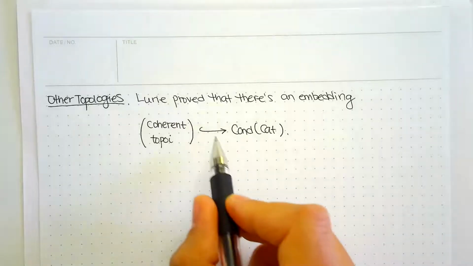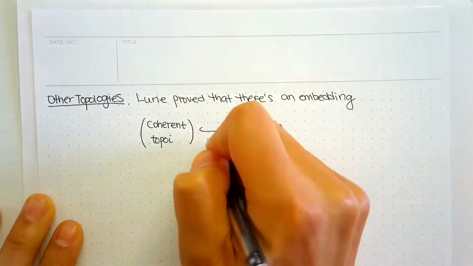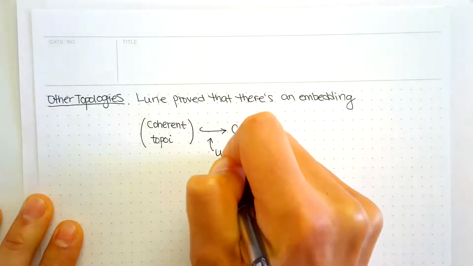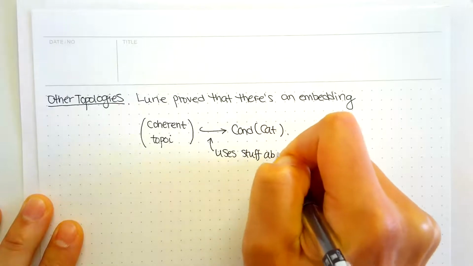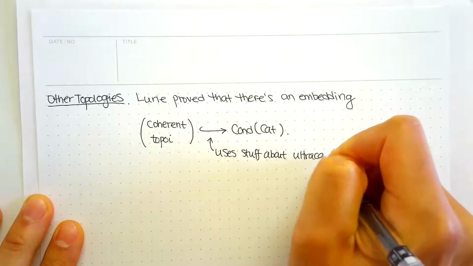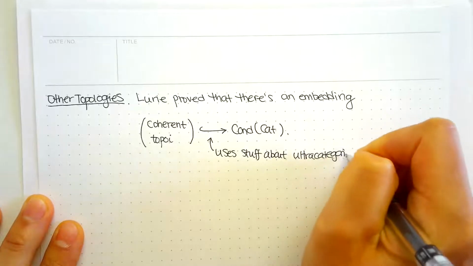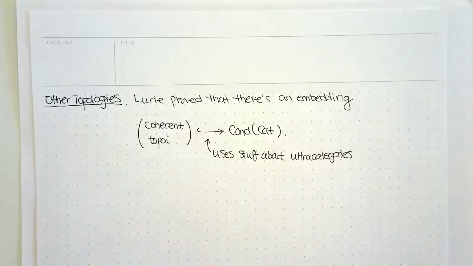However, this uses some complicated stuff about ultracategories, which are some sort of thing from logic that are quite complicated, and I can't say I understand them very well, but somehow we were able to get away with not using that stuff.